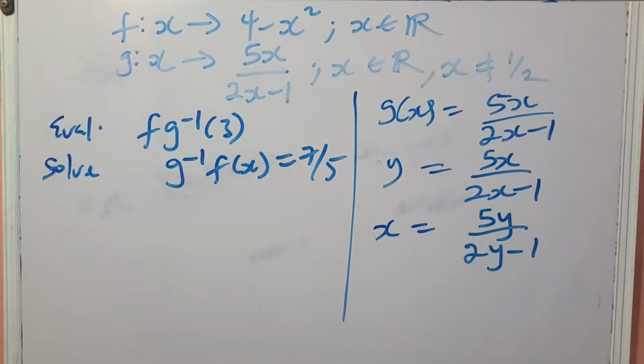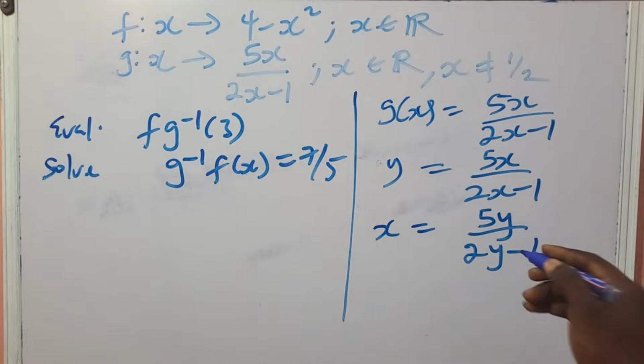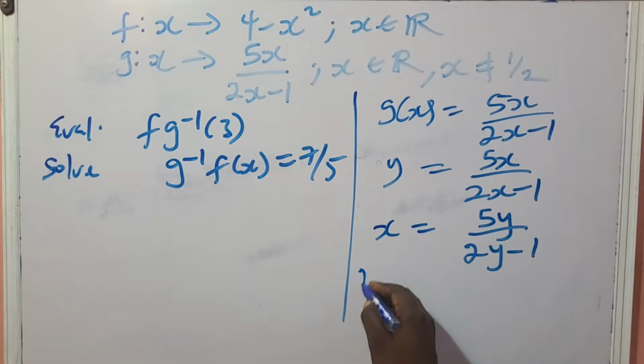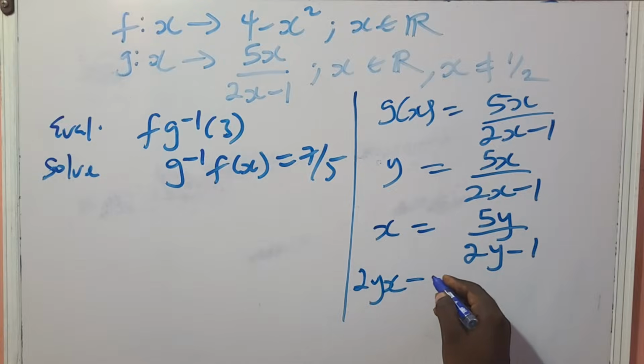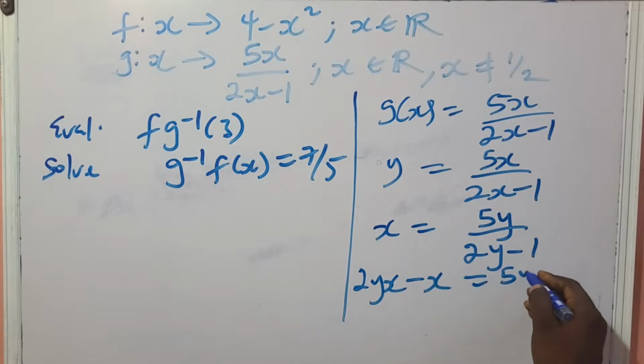So what do you do in trying to make y the subject of formula? Of course, you want to bring all of the y's together, and the best way to do that is to cross multiply. So I will have 2yx minus x equals 5y.